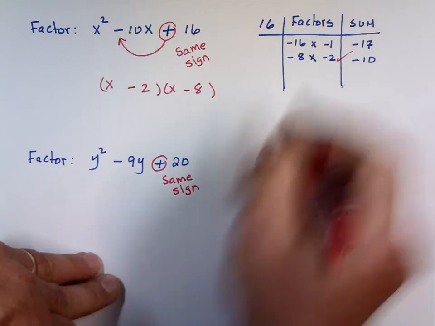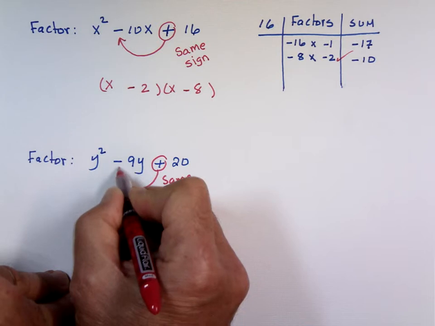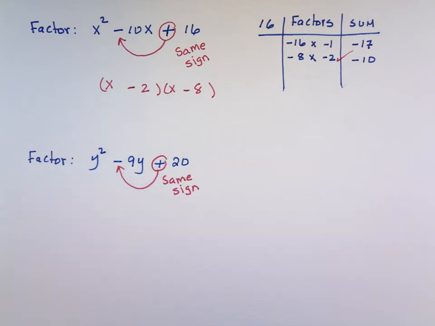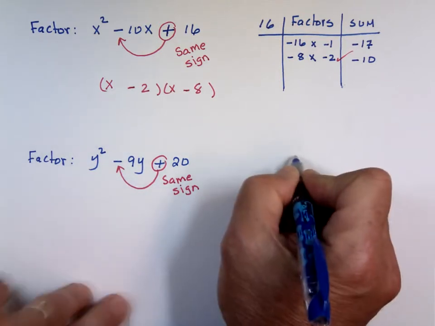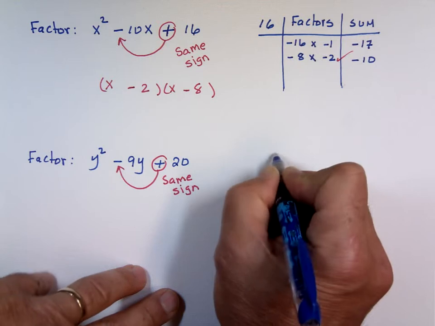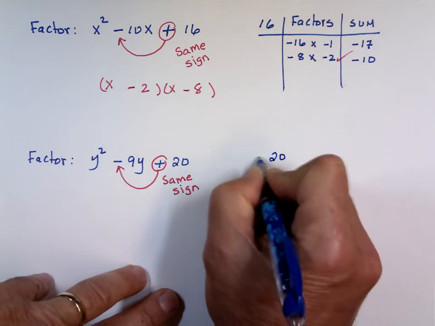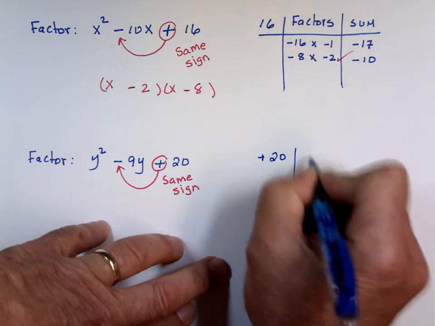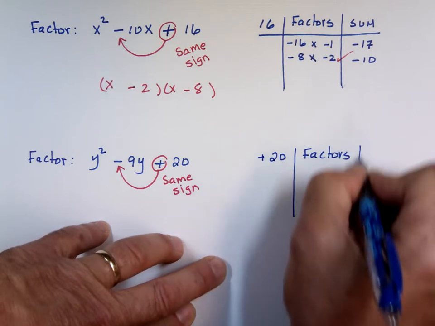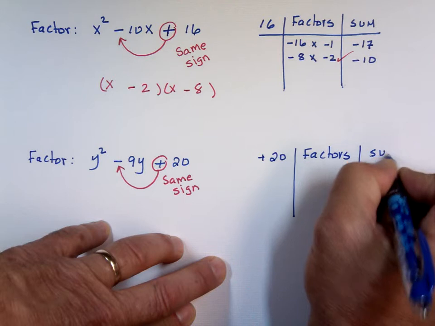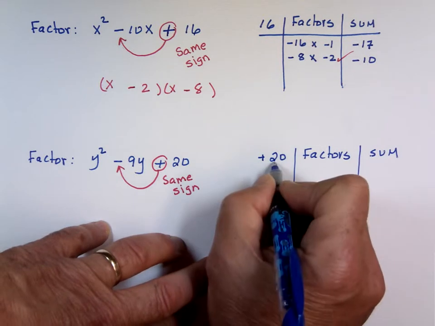Both factors will have the same sign as that one. So both will be negative. So 20, again, has to be negative numbers.